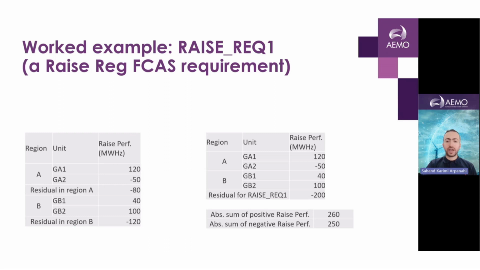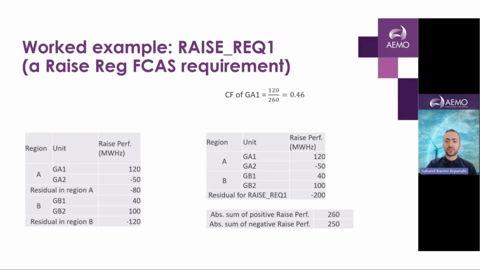Unit GA2 has a positive performance equal to 120. Because it is a positive performance, we normalize it by dividing it by the absolute sum of all positive performances. The 0.46 contribution factor means the unit would receive 46% of all FPPs for this requirement. On the other hand, the performance of unit GA2 is negative.